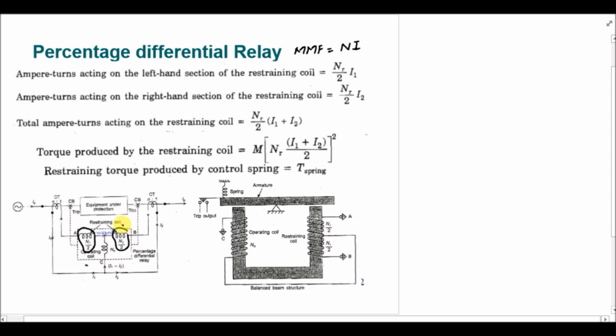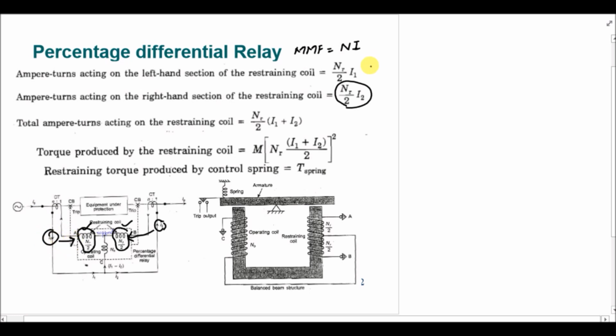So for this coil, it will be NR by 2 into I1, because the number of turns is NR by 2, and similarly for this coil it will be NR by 2 into I2, as I2 is the current flowing through this coil and I1 is the current flowing through the other coil.